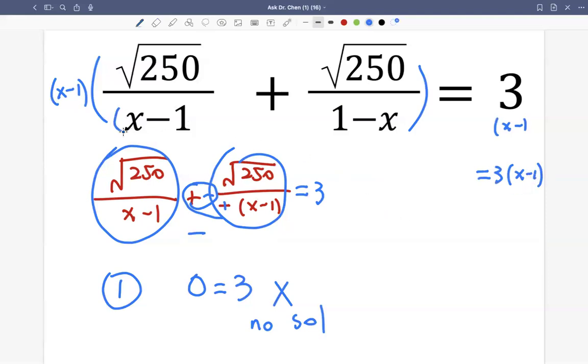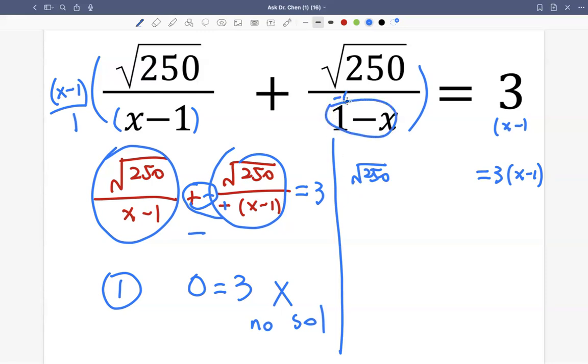And the left-hand side, because we multiply by x minus 1, now those two terms cancel. So we have square root of 250 for the first term on the left-hand side. Because x minus 1 in the numerator and x minus 1 in the denominator, something divided by itself becomes 1. And 1 times square root of 250 is square root of 250. Then we know this one is negative.